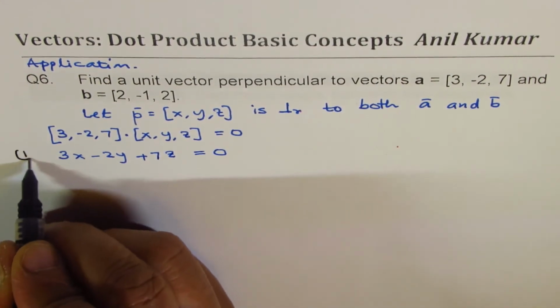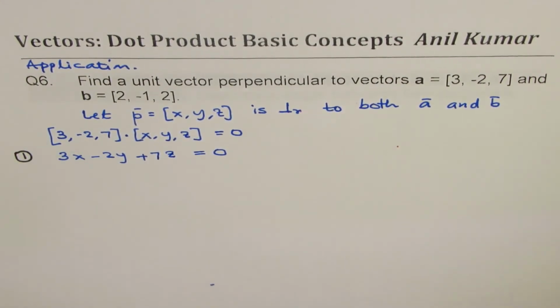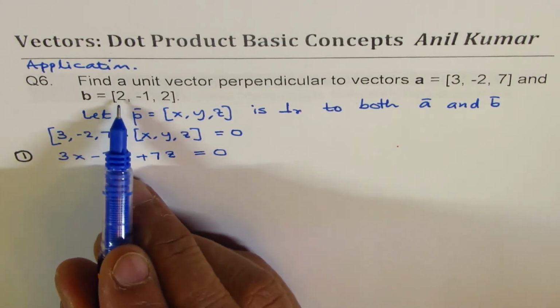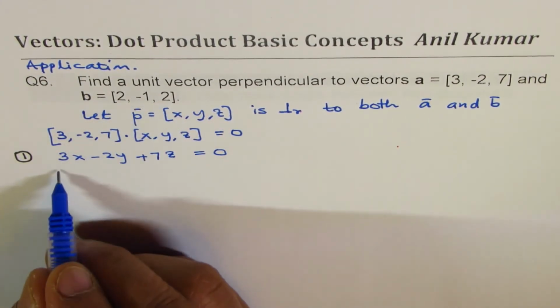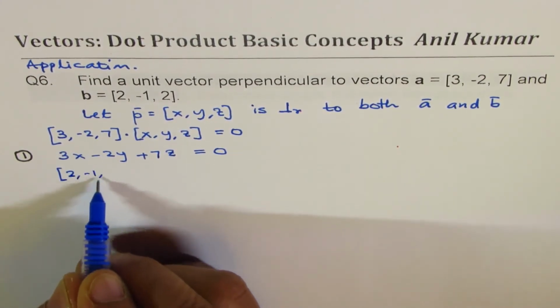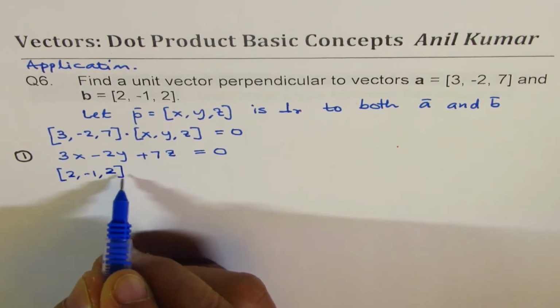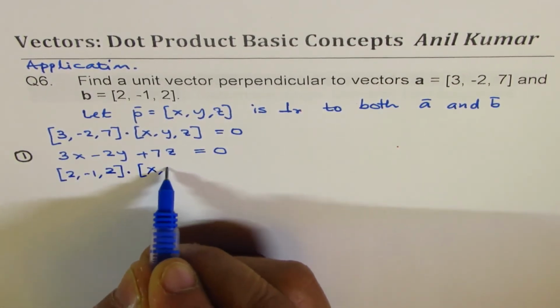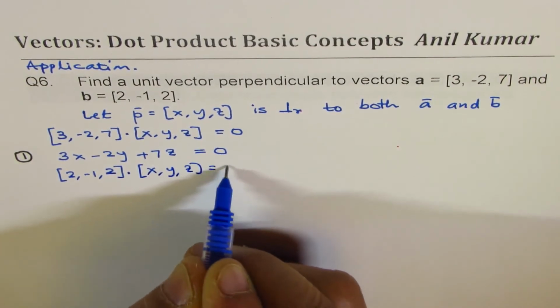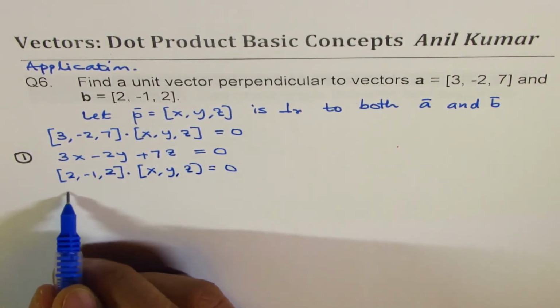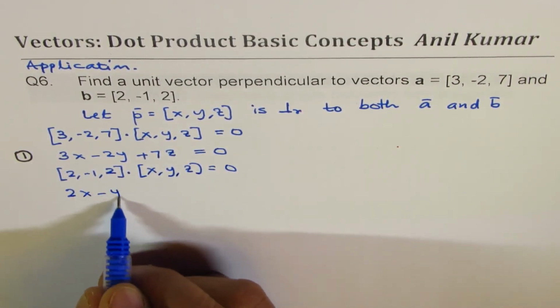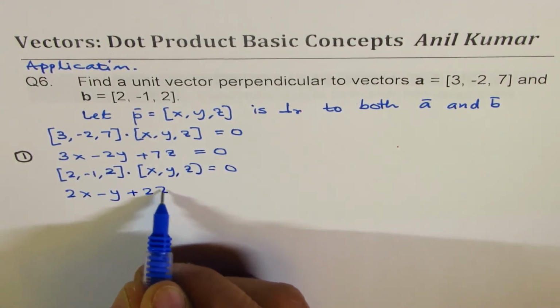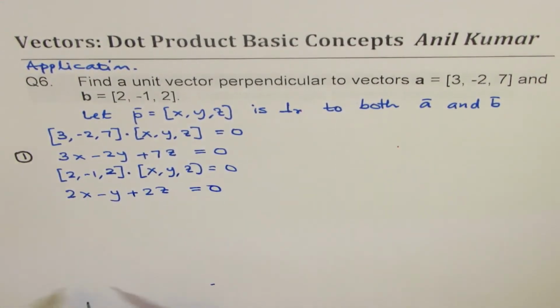Let me call this equation 1. Now, it is also perpendicular to 2 minus 1 2. So 2 minus 1 2 dot x, y, z should be equal to 0. That gives you another equation, which is 2x minus y plus 2z equals 0.